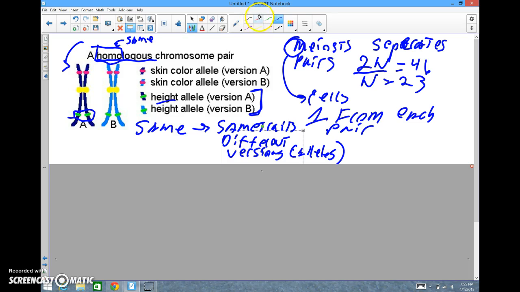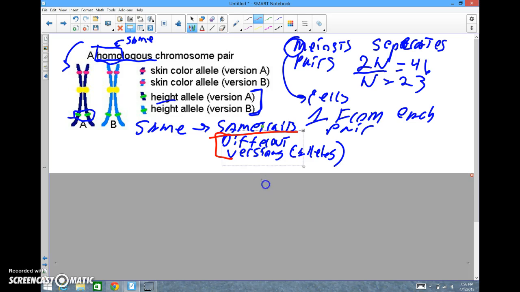However, even though they both have the eye color allele, which is the same trait, they don't have to have the same version. You could get the brown eye color allele on chromosome 1 from your father, and the blue eye color allele from chromosome 1 from your mother. Okay? Homologous means same trait, but it doesn't necessarily mean the same version of the trait.